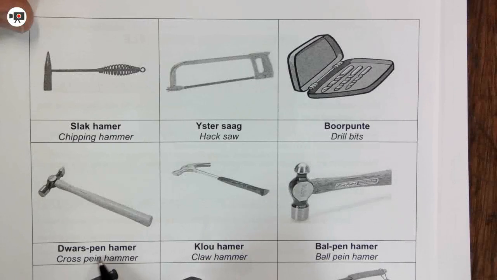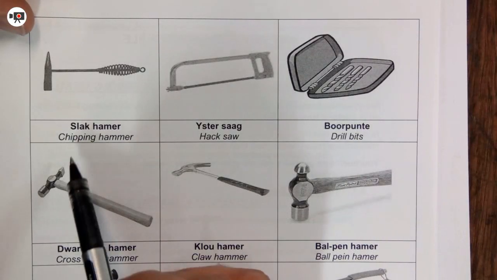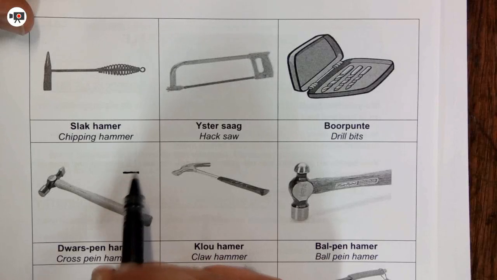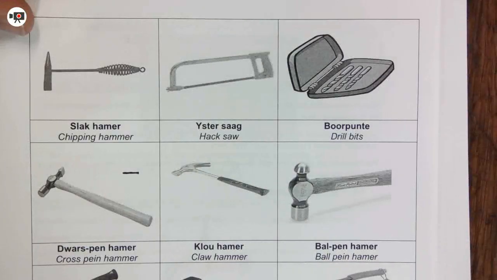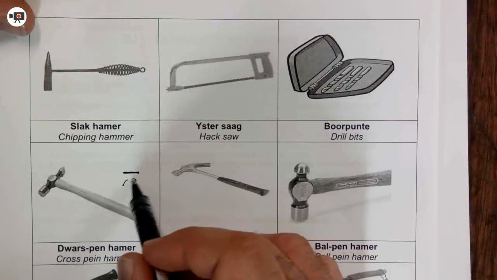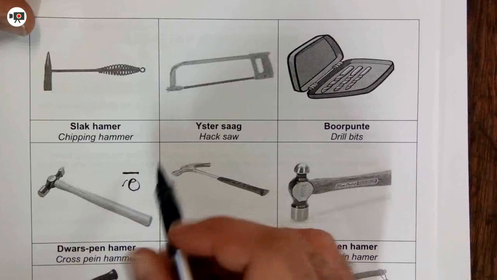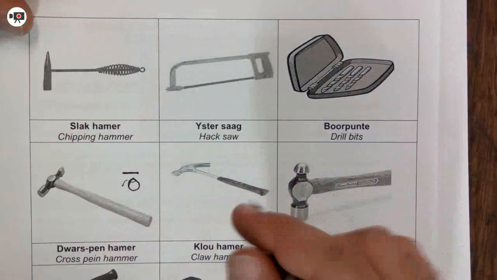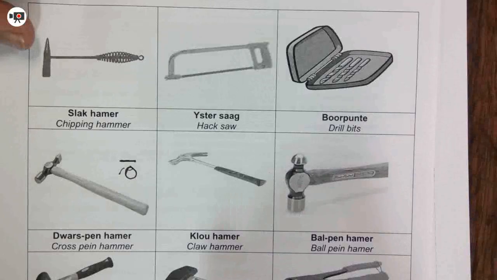If you are not sure why it says cross peen, if you look at it on that side, it has a flat edge that is used. It's not like a round hammer or a claw hammer that has a round side and the claw on the other side. So next one, it's the claw hammer.